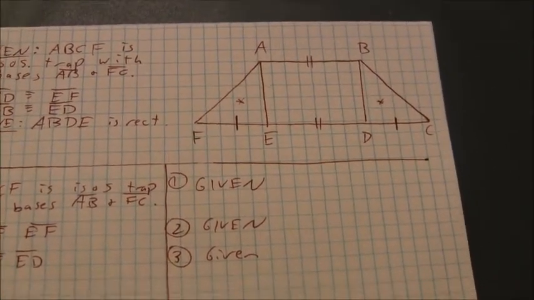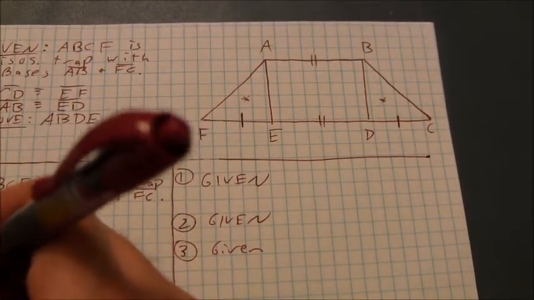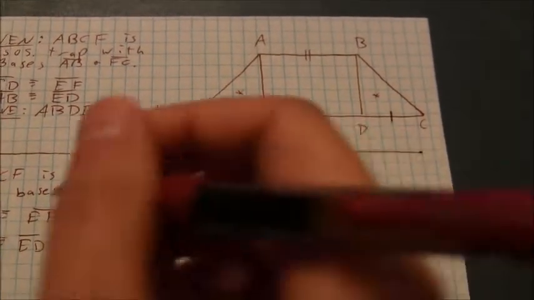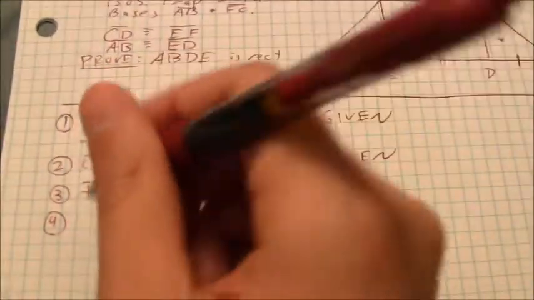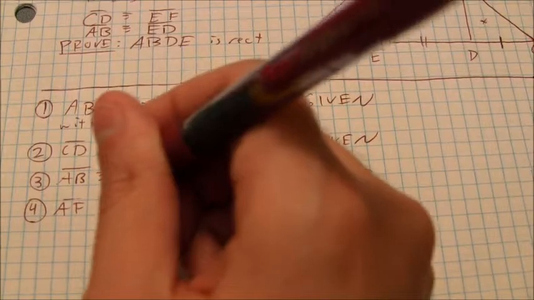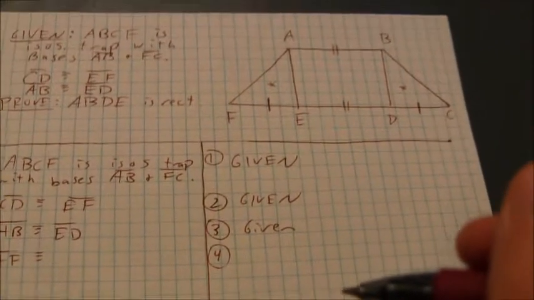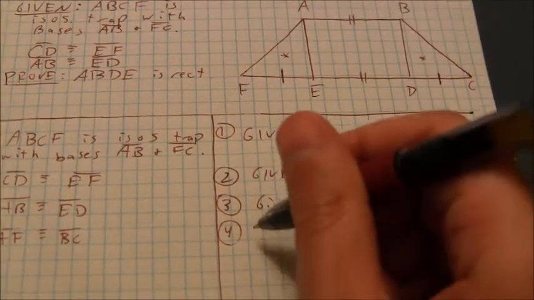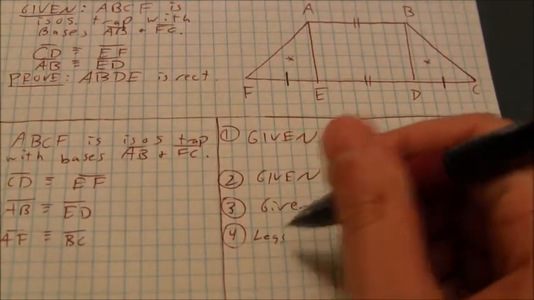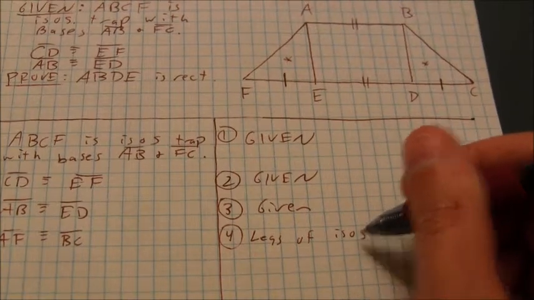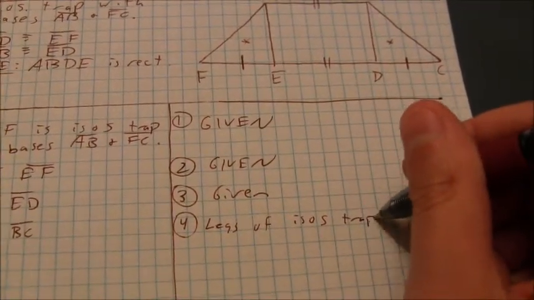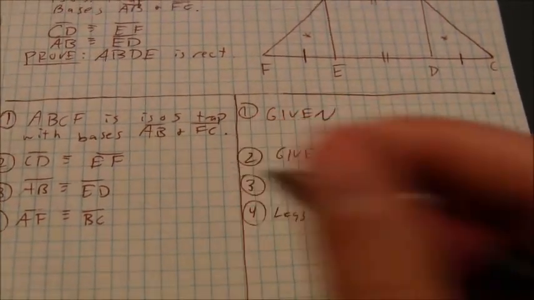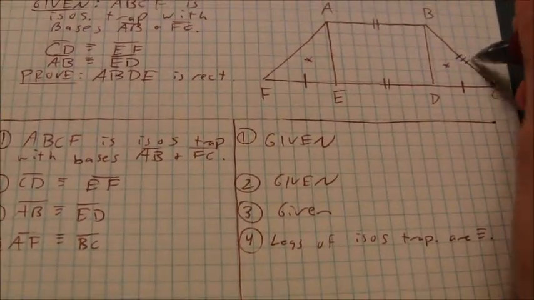Okay, first of all, I know that AF is congruent to BC, and the reason being legs of isosceles trapezoids are congruent. So I can go ahead and mark those congruent.